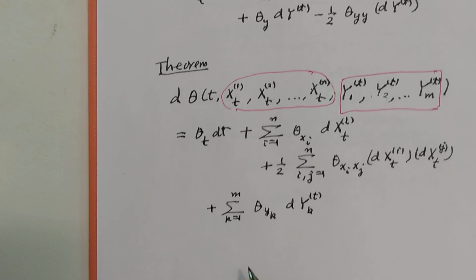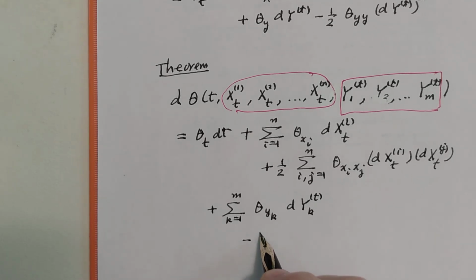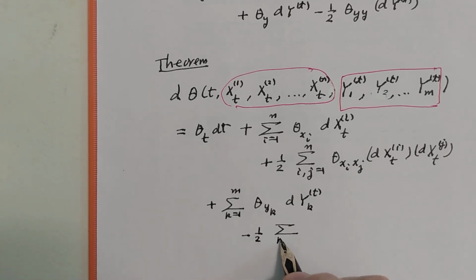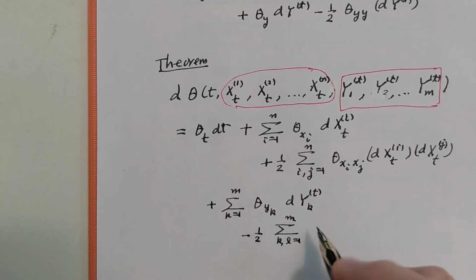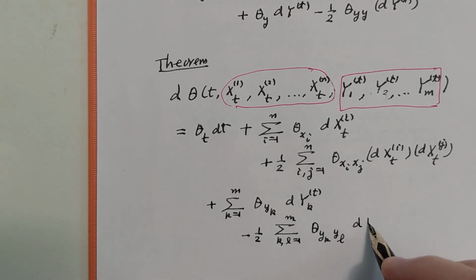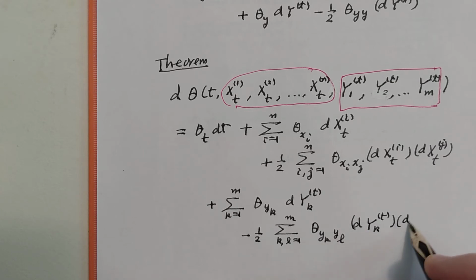And then minus 1/2 summation k l from 1 to m of theta sub y sub k y sub l, and then this is dy sub t k dy sub t sub l.